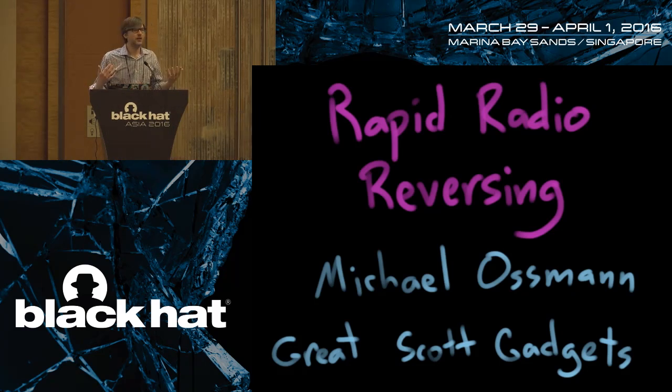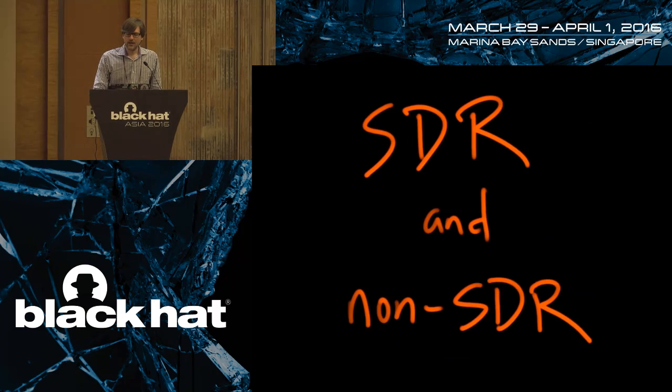But I'm talking about reverse engineering of radio signals, so figuring out how a radio communication system works or how a protocol works simply by making observations of the over-the-air signals and not directly attacking hardware or software, simply by observing radio signals and interacting with the system that way.